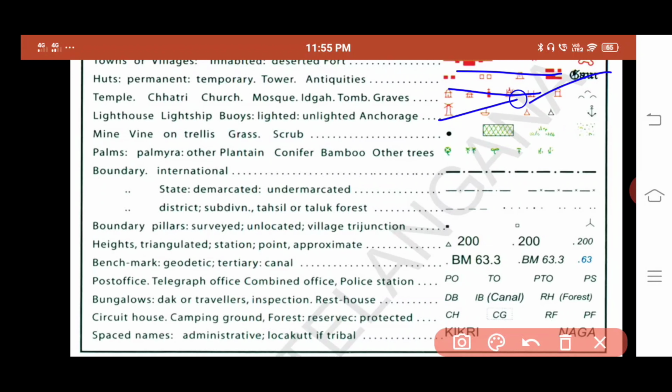Okay, so likewise you can also go through here, my dear children. So palms, trees, green color, boundaries, international boundaries, state. Okay, districts, different dots, also lines they mentioned here. Okay, PO means post office. Okay, PS means police station, telegraph office. Okay, so likewise they mentioned different conventional symbols in order to understand and in order to show easily on the map.